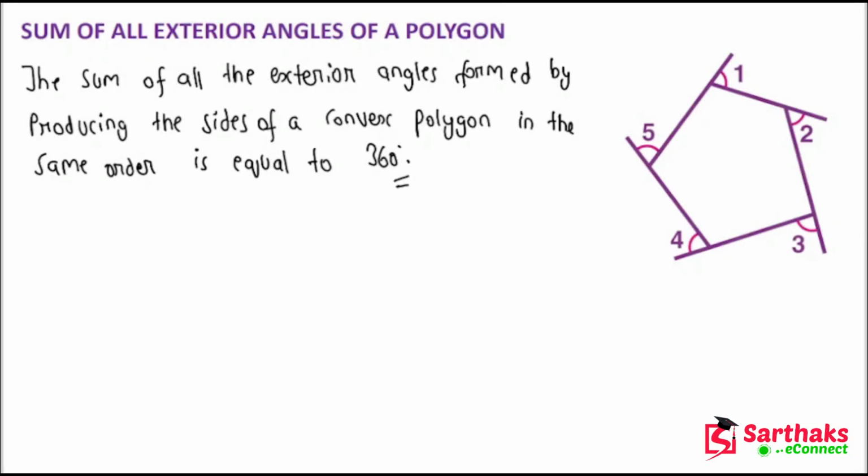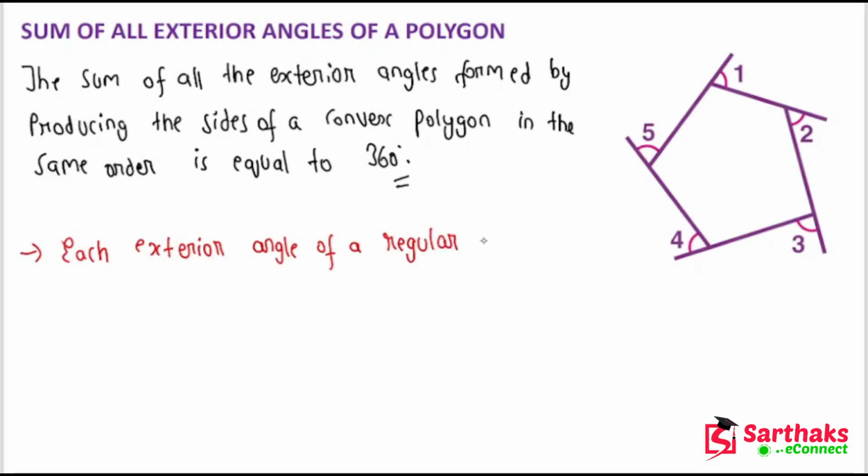So there is a remark which follows after this property, and it states that each exterior angle of a regular polygon of n sides is equal to 360 degree upon n, right?